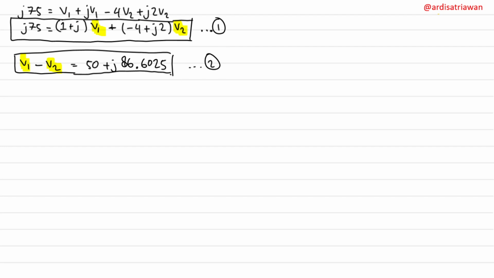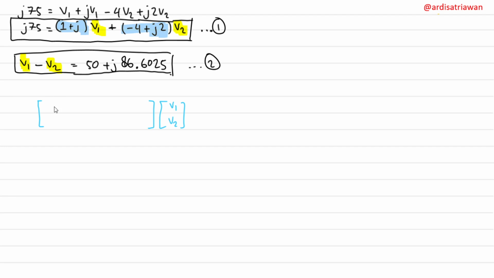Okay, to make it easier, I want to rewrite this in matrix form. So I will have a 2 by 2 matrix, then a vector which contains V1 and V2. First thing is to look at the coefficients of the first equation, and we can insert them into our matrix.